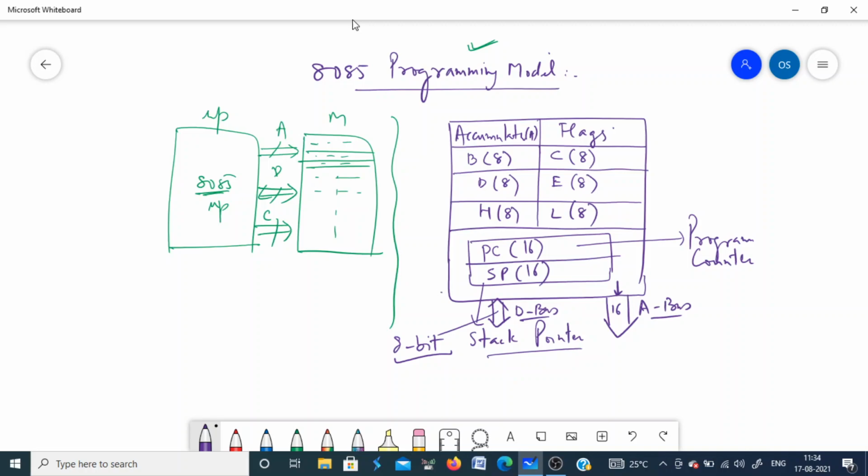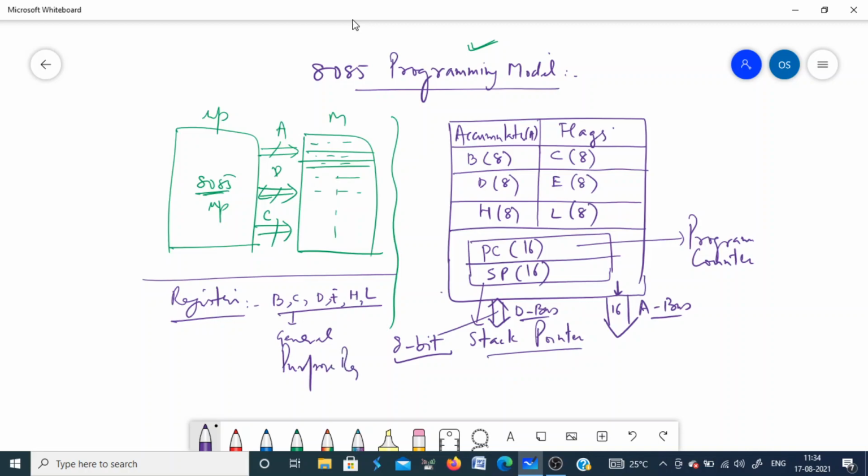Now let us see the function of these registers. Let us first turn to the general purpose registers. You have 6 general purpose 8-bit registers: B, C, D, E, H and L. We call them general purpose registers.